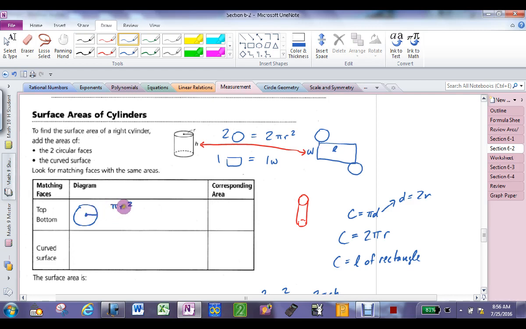Now, how many of them are there? 2, because there's a top and a bottom. So the area is 2 pi r squareds. Right? Then the curved surface just makes a rectangle, which we know is LW, except W is the height of the cylinder.